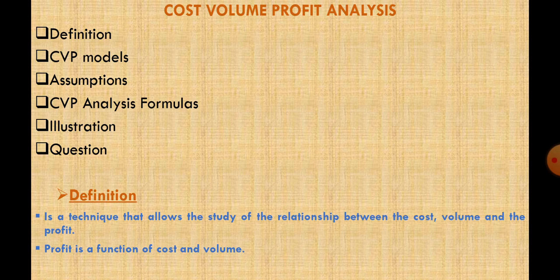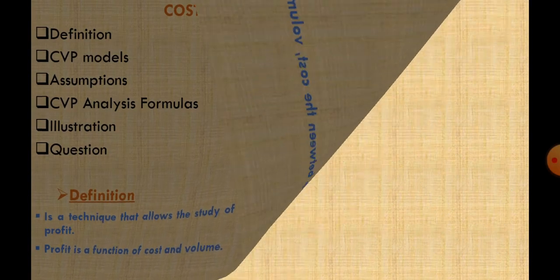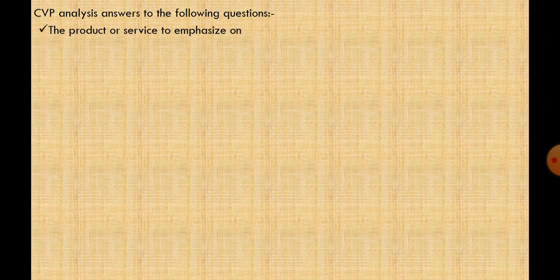Once you do this analysis, there are various questions that you're supposed to answer or ask yourselves. In a CVP analysis, you're supposed to answer the following questions. One is the product or service that you're supposed to emphasize, or which product as an organization you're supposed to produce.